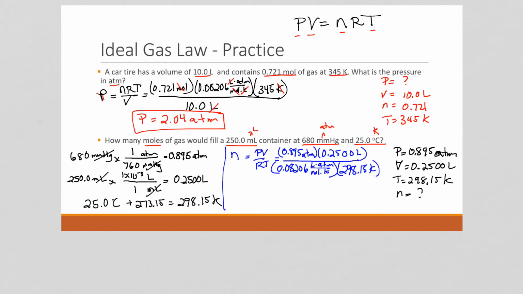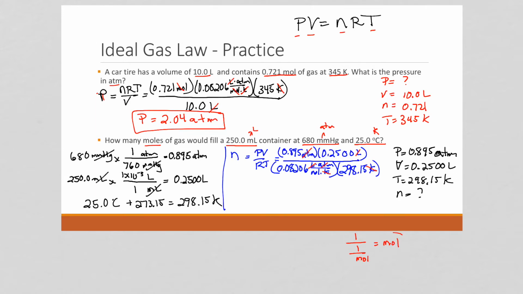Of course, I follow my units. I have atmospheres here and atmospheres on top. I have liters up here, liters down here. I have Kelvin and division by Kelvin, and that leaves me with moles. It could be kind of tricky, but if you really look at it, that is 1 divided by 1 over moles, which really equals moles.